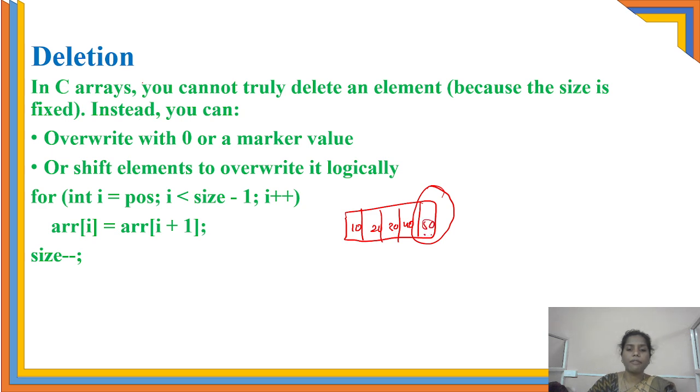If you want to delete the element 50, you just need to access 0 to n minus 2, not till size. That is called deleting the last element. If you want to delete the element 30, traverse, access it, and you need to shift all the elements.